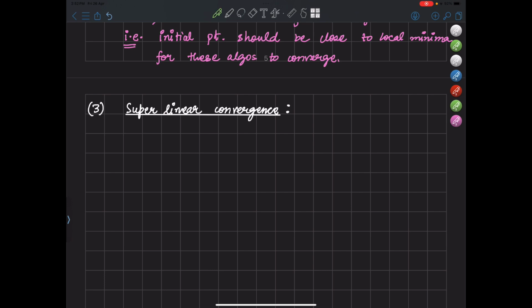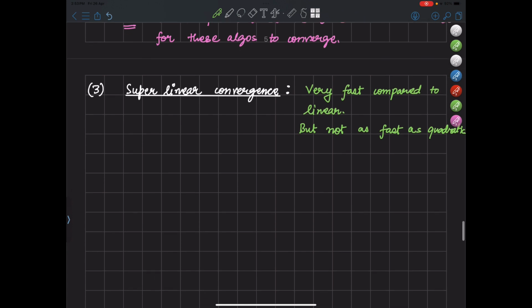Qualitatively, these are the types of convergence that are very fast compared to linear, but not as fast as quadratic. This is just a qualitative way of thinking about superlinear convergence. It's faster than linear, but it's not as fast as quadratic.